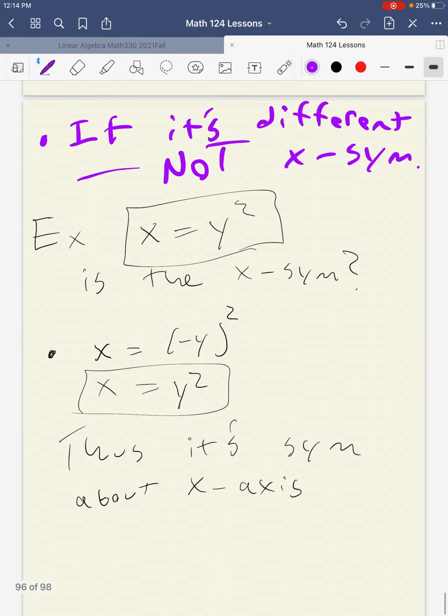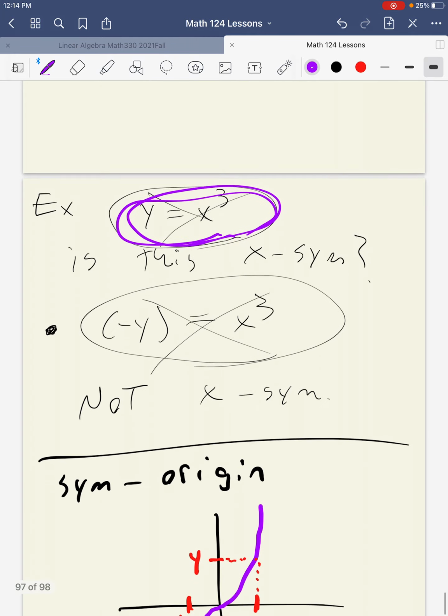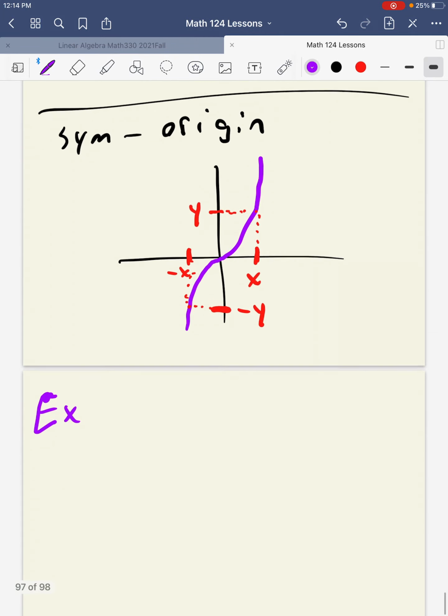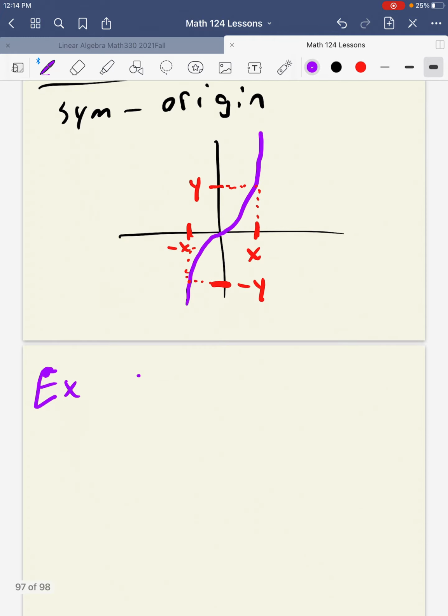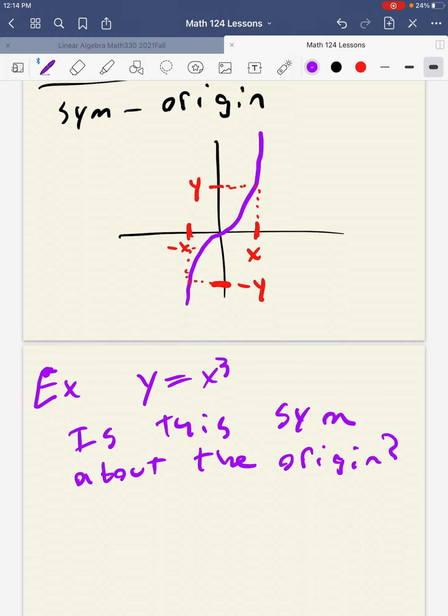We tested y equals x cubed and found it was not x symmetric. Let's look at it one more time and ask ourselves, is this symmetric about the origin?